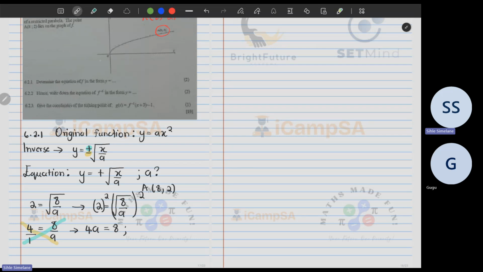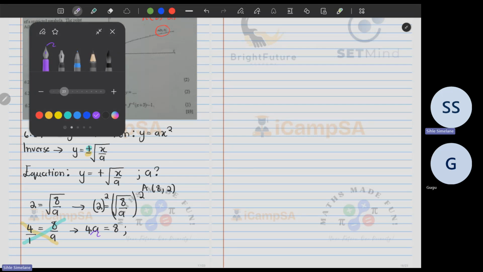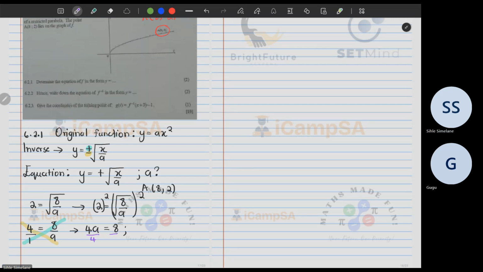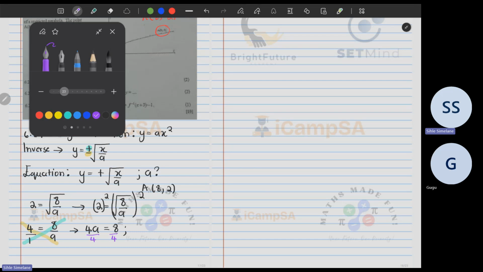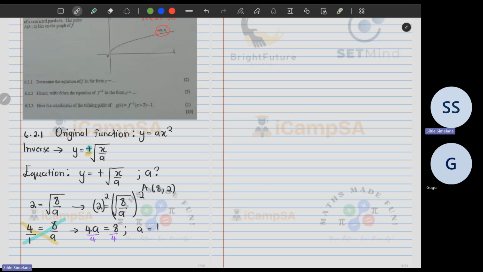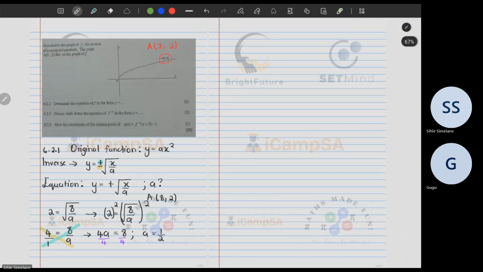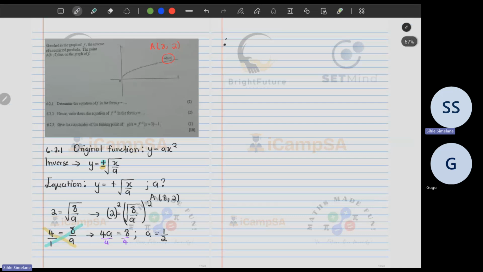If you solve for a by dividing by 4 and 4, you will see that the a value is 1 over 2. Now, if we go back to our equation, we can plug in our 1 over 2. So our y will be square root of x divided by 1 over 2. But we know that dividing by 1 over 2 is the same as multiplying by 2, isn't it?